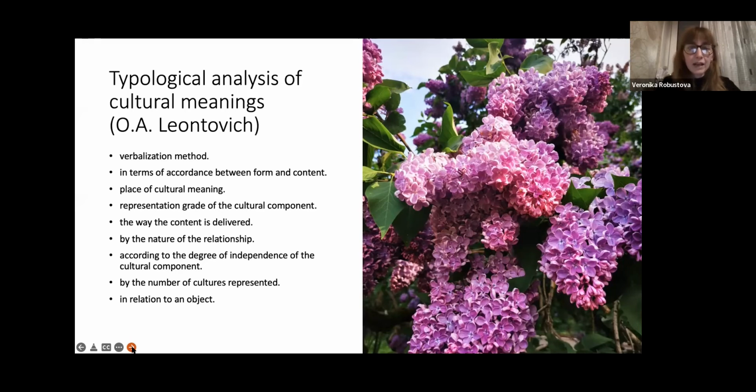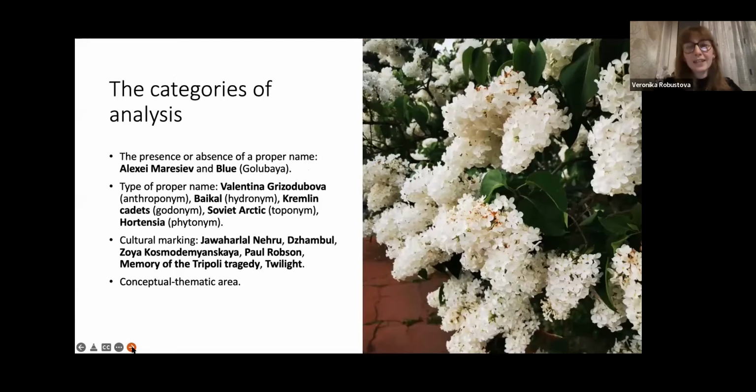That might be the verbalization method, so how this cultural meaning is verbalized, then accordance between form and content, place of cultural meaning, whether that's implicit or explicit representation, grade of the cultural component, whether it is important or not so important, the way the content is delivered, the nature of the relationship according to the degree of independence of the cultural component, and so on.